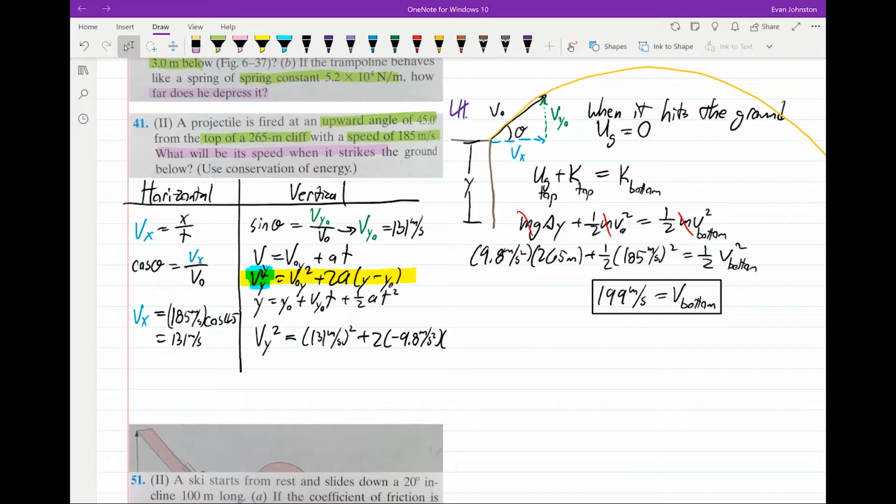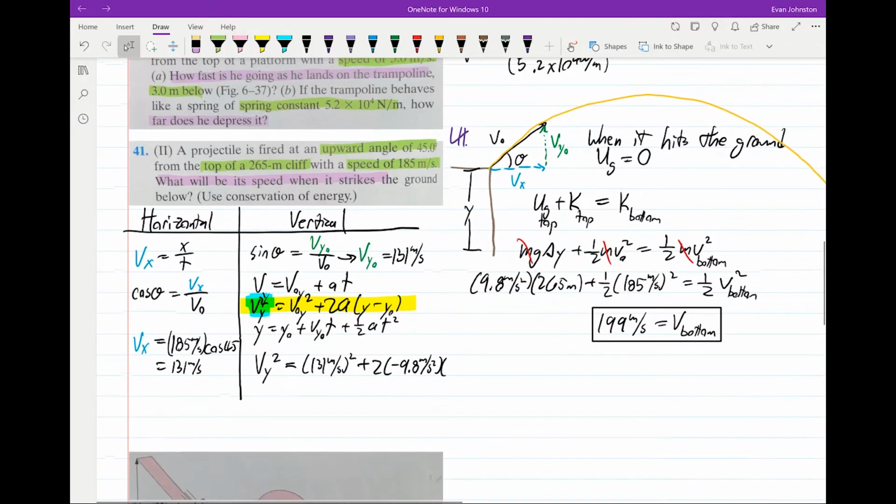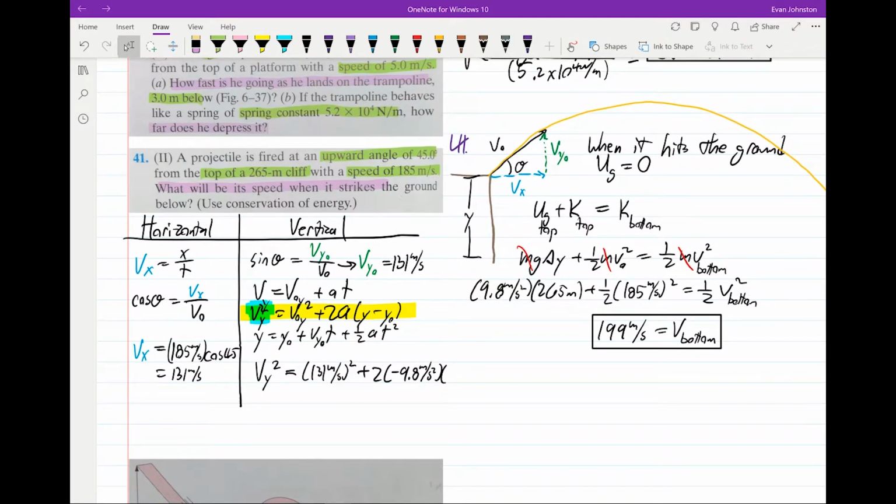For convenience's sake, having zero at the bottom would be the easiest thing. So if it's starting at the bottom, then our final value is zero, and we're subtracting our initial, 265 meters. I have a negative here and a negative here, and those are going to combine to make a positive.